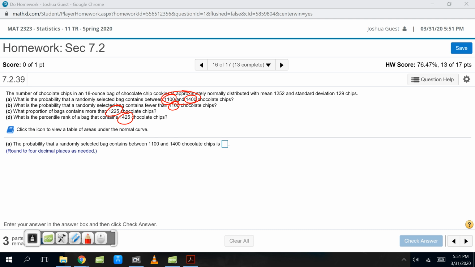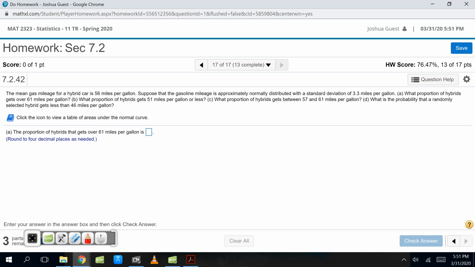So those are things that we have done already. Let me look at the last question here and see what it is. Oops, I need to have my mouse clicker to do that. All right? So the last one, that's the mean, and it gives you the standard deviation. It says what proportion of hybrids gets over 61. Again, that's find a z-score and do 1 minus because it's over, it's greater, it's to the right. 51 miles per gallon or less, that's find the z-score for 51, and then less than is just read the table.